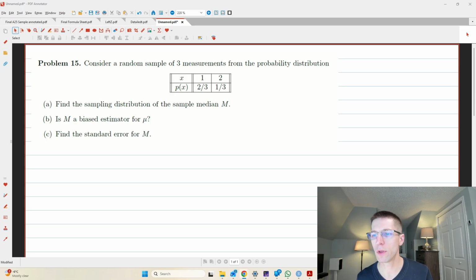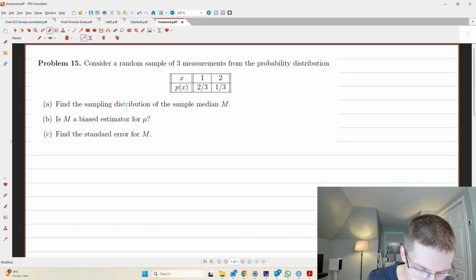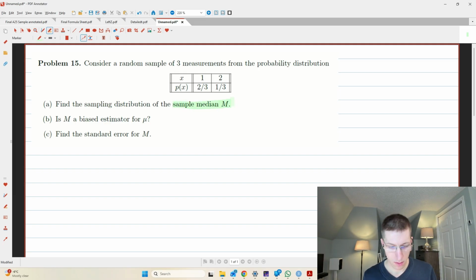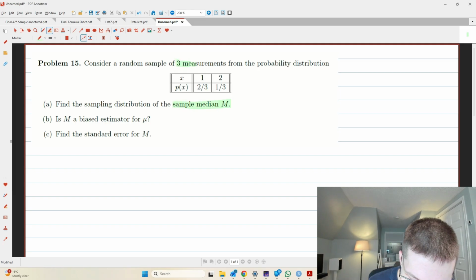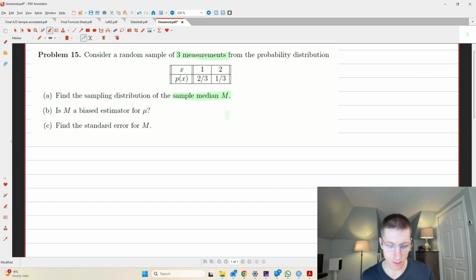We have to make a table of all the different samples of size 3, their probabilities, and the medians of those samples. So let's do that.